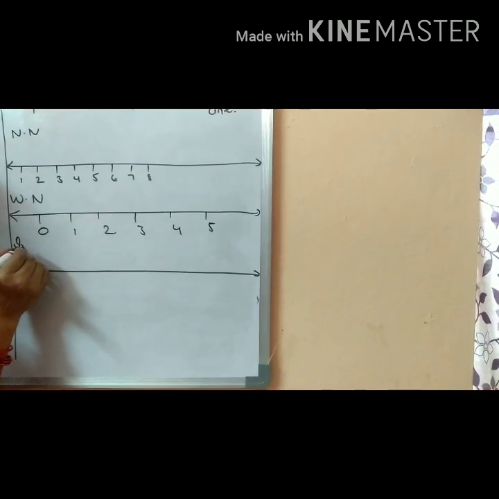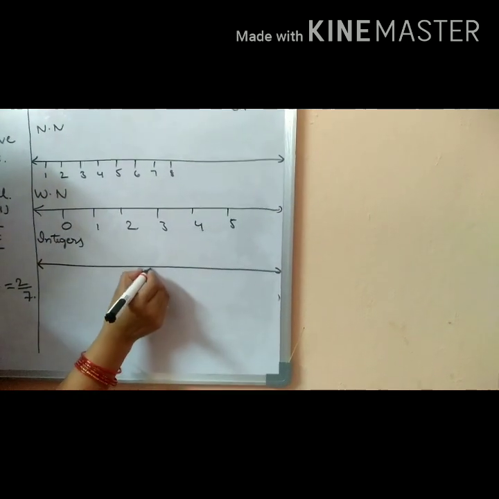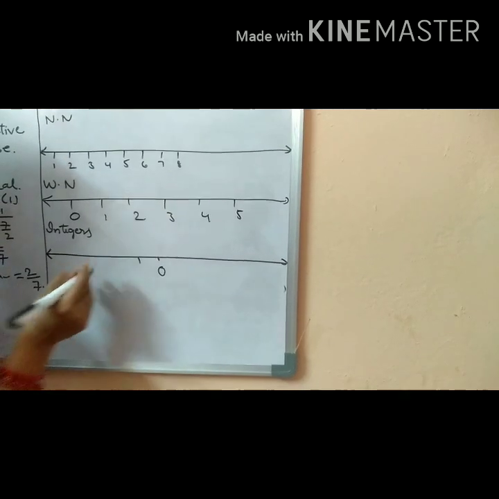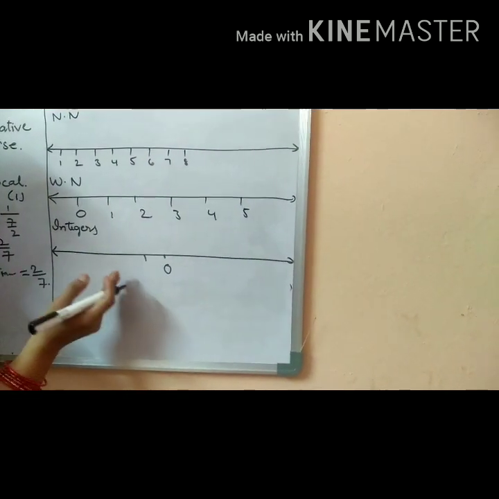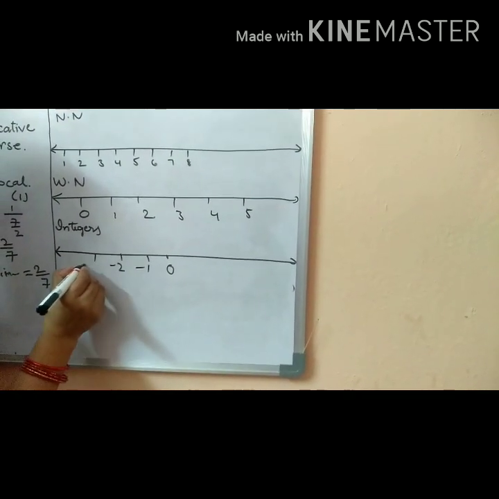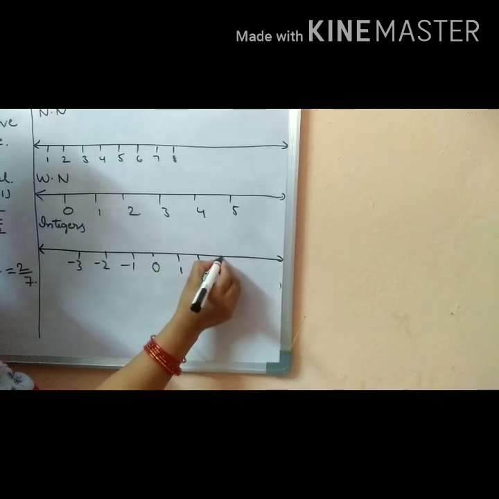And next, it is very important, the case of integers. In the number line, you have to take 0 in the middle, where positive numbers and negative numbers are there. You write the negative numbers on the left side of the number line, and the positive numbers on the right side.